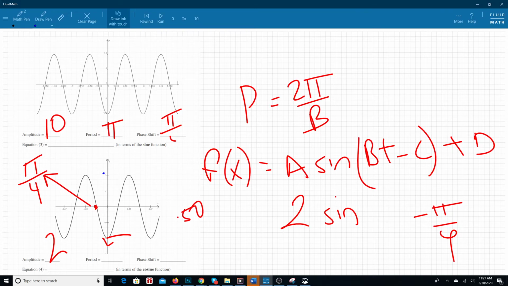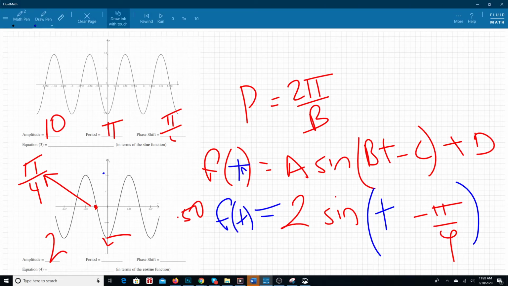B is just going to be 1, so the answer is going to be t. And the phase shift is plus 0. That's where we're at, guys.